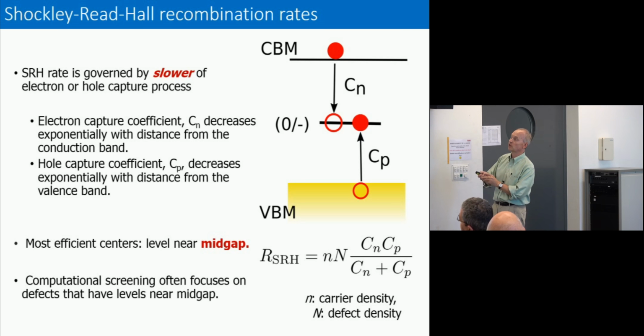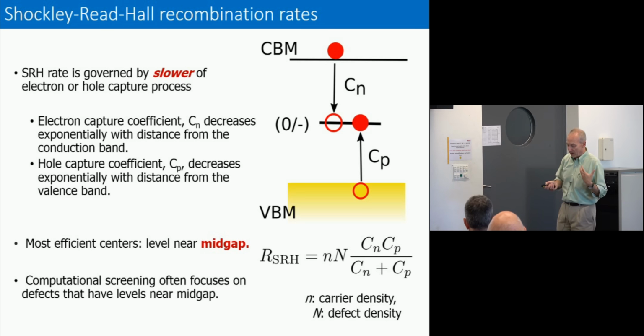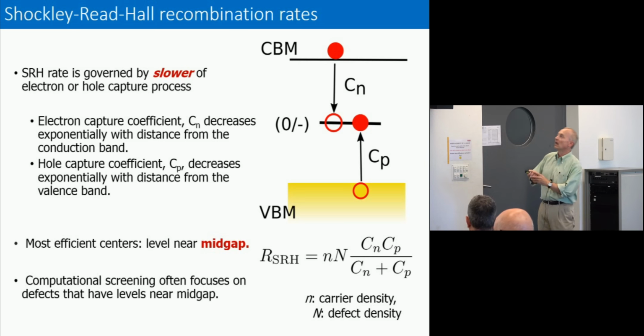Okay, these are two separate processes, and both of them need to be fast in order for the overall process to be fast. And you can see that quite easily by thinking about a scenario where, for instance, the capture coefficient for electrons is very high. Okay, so this defect is going to capture electrons very easily.